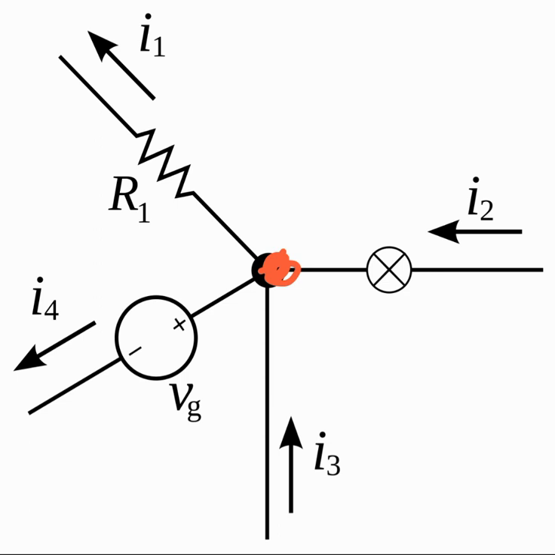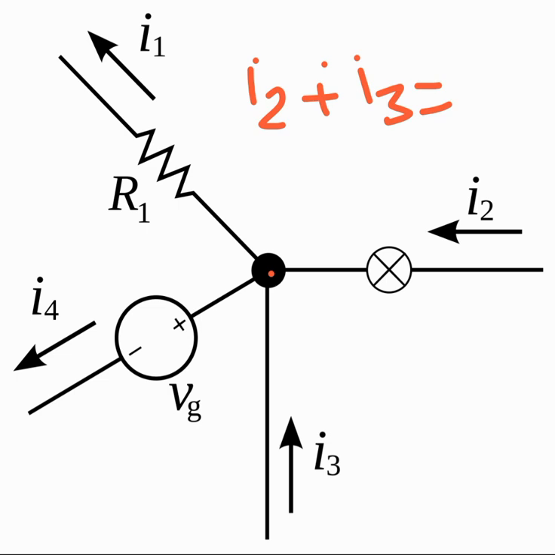We can see that the currents that are trying to enter this node are I2 and I3. You can see that I3 is coming forward and I2 is also coming this way. So we can write I2 plus I3, the sum of these two currents, is equal to the sum of the currents exiting or leaving the same node or junction.